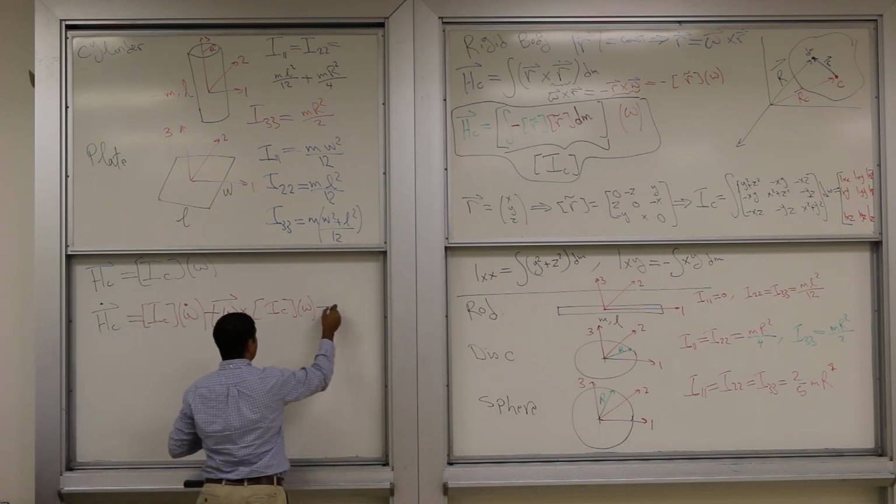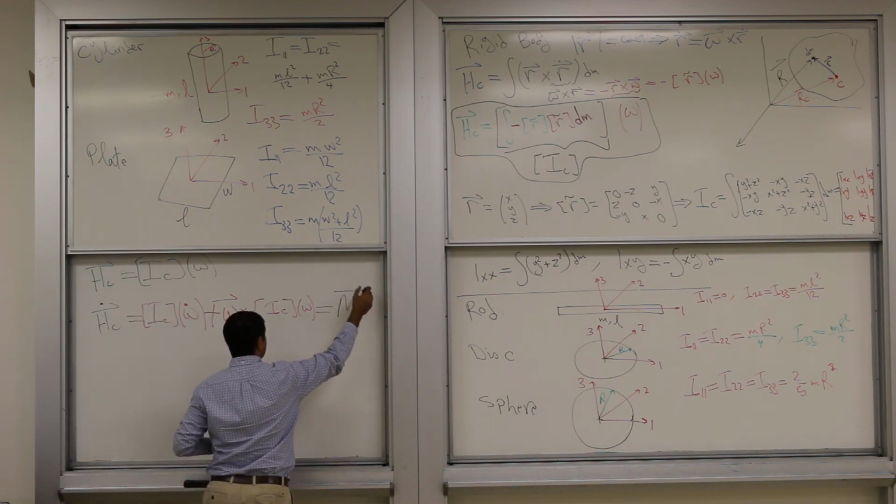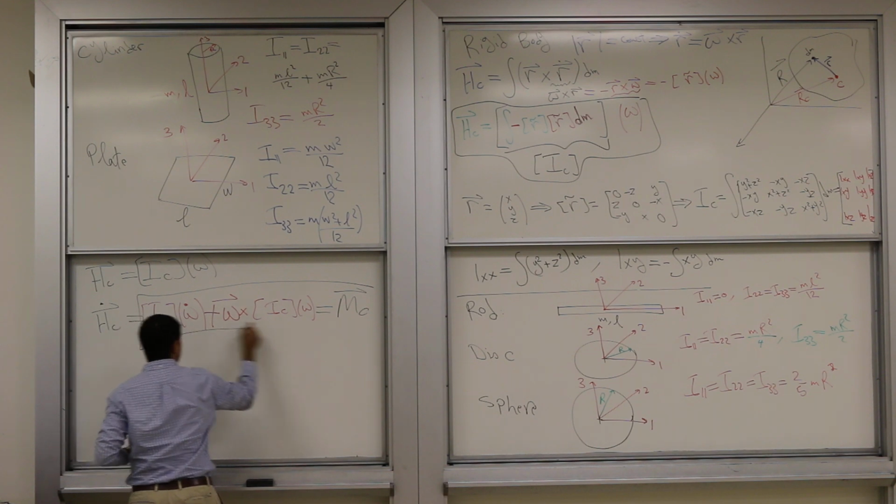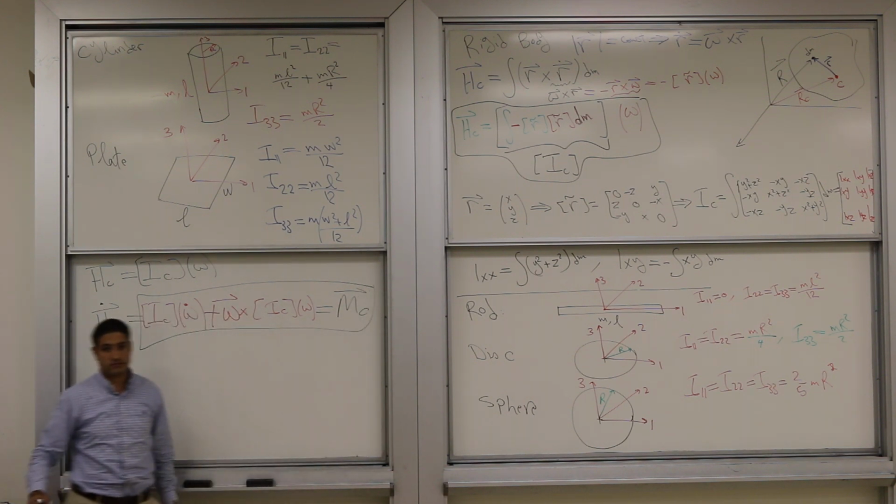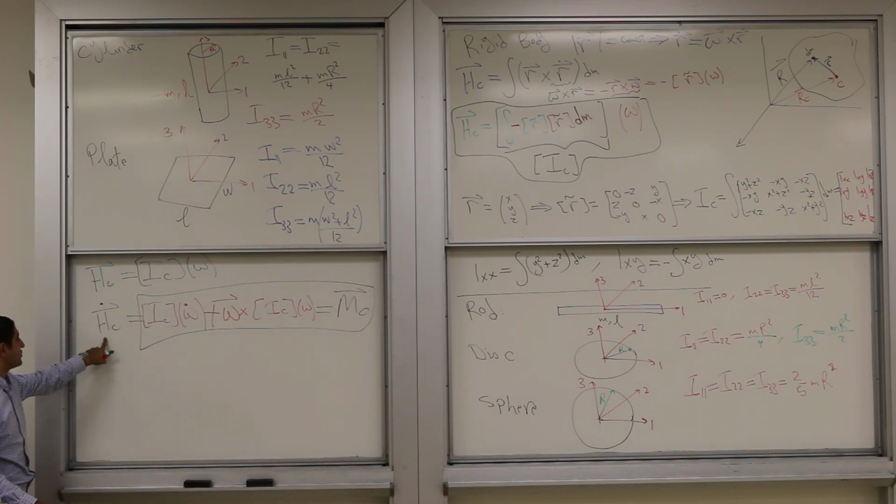This is indeed equal to the moments about the center of mass. Remember this equation: the rate of change of angular momentum equals the moment. This is not true about any point. It has to be the center of mass. The center of mass is unique. Okay?